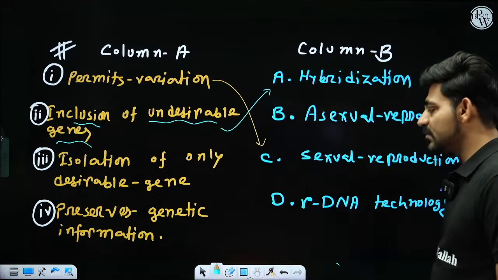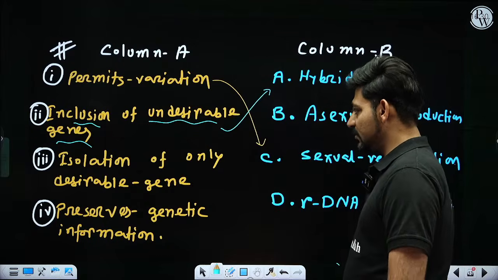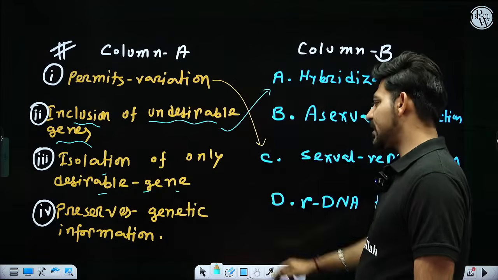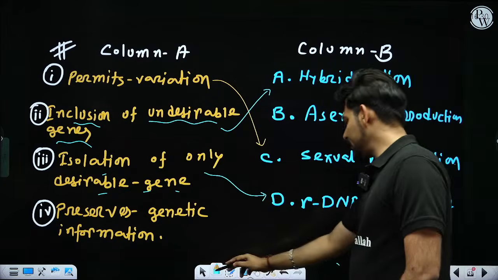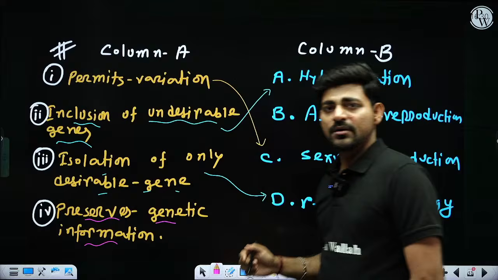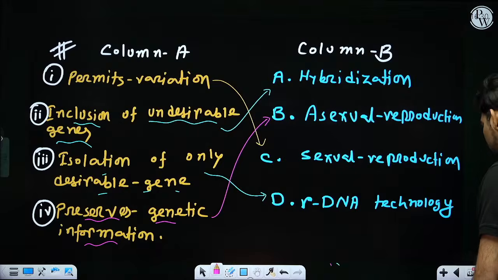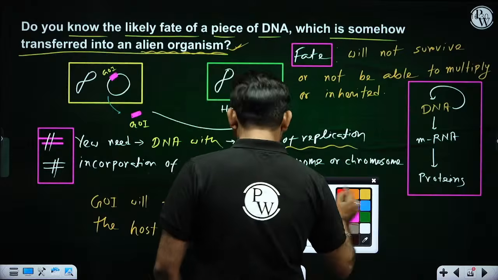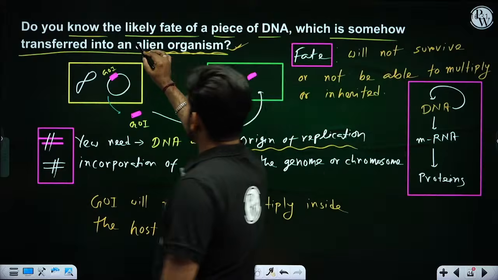If you perform hybridization, the inheritance of good genes and bad genes will be there. Now, isolation of only the desirable gene: for that you have to perform recombinant DNA technology. And if you want to preserve the genetic information progeny by progeny, then you have to go with the asexual mode of reproduction.